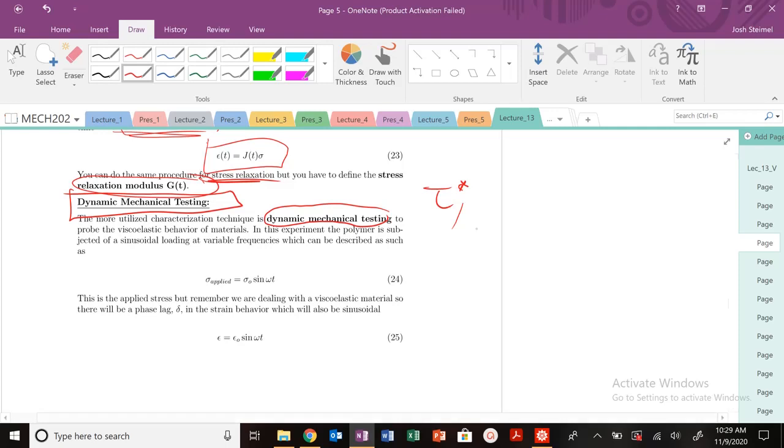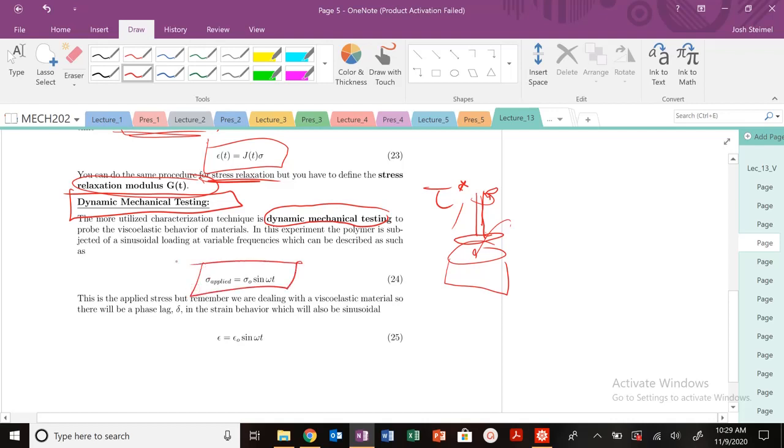So you could imagine that we have this cylinder, and I put my polymer in this cylinder, and I have another cylinder here. I am going to push this down and apply this cyclical stress, this sinusoidal stress.